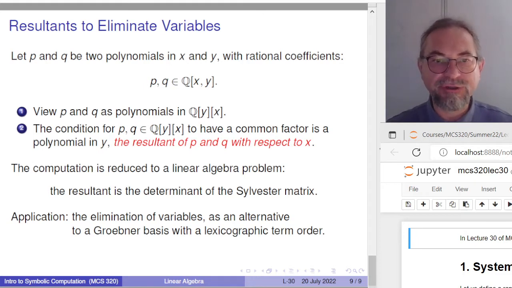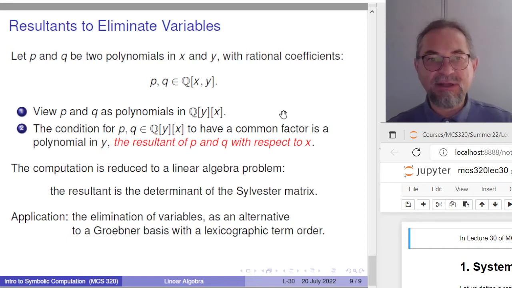So this notation here, q of y, means that we see the polynomials as polynomials in x, and then we ask for the condition on the coefficients so that there is a common factor. That can be expressed as a polynomial in y, and that polynomial will vanish if and only if there is a common root of these two polynomials.